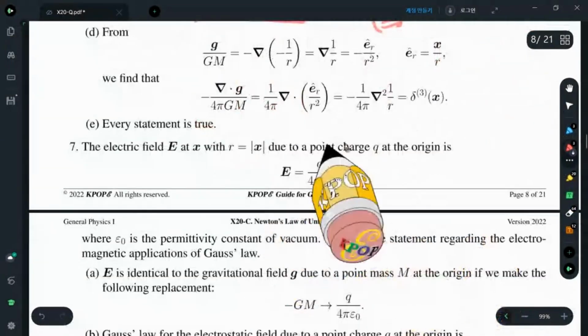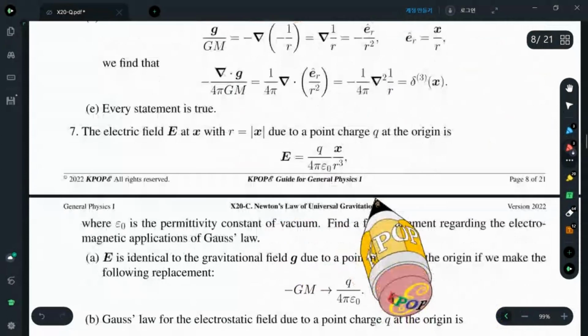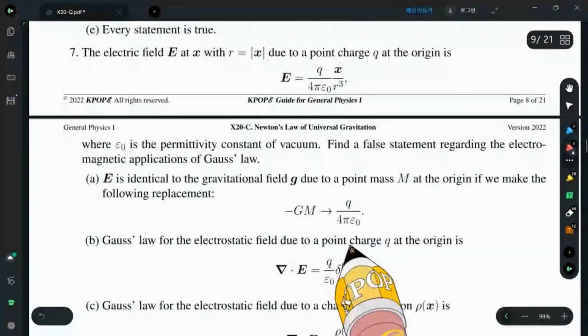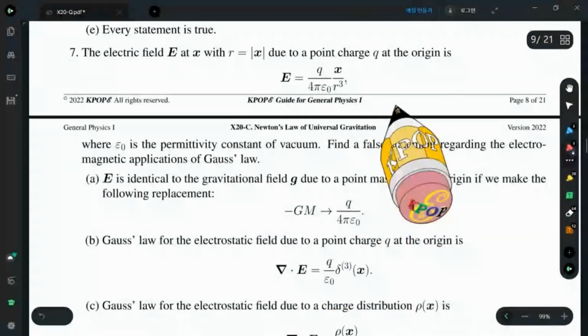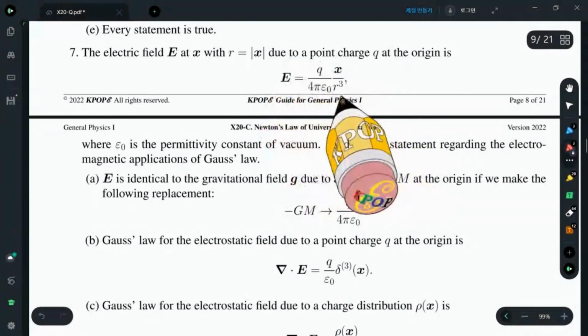And this is an example just like the electrostatic field that also satisfies the inverse square law.